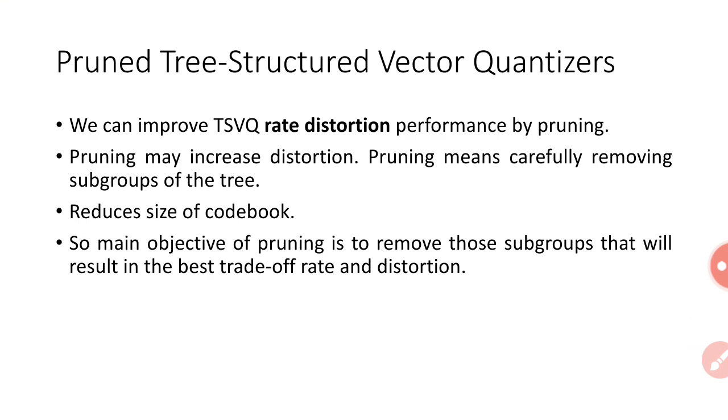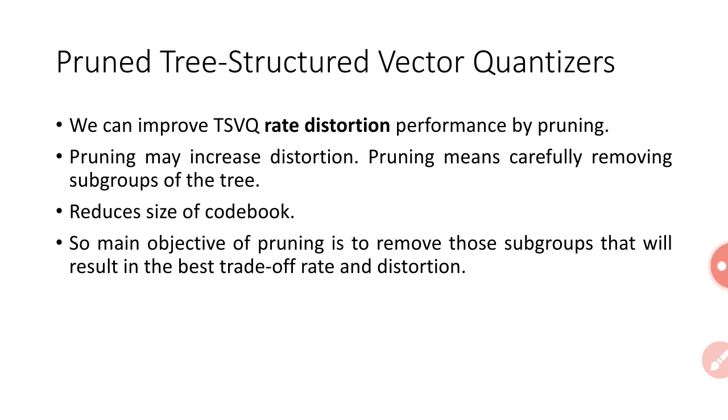Now, what is a pruned tree-structured vector quantizer? The rate distortion performance of a tree-structured vector quantizer can be improved by pruning. What is pruning? Pruning means carefully removing selected subgroups in the tree so that the size of the codebook is reduced, and so the rate is also reduced.